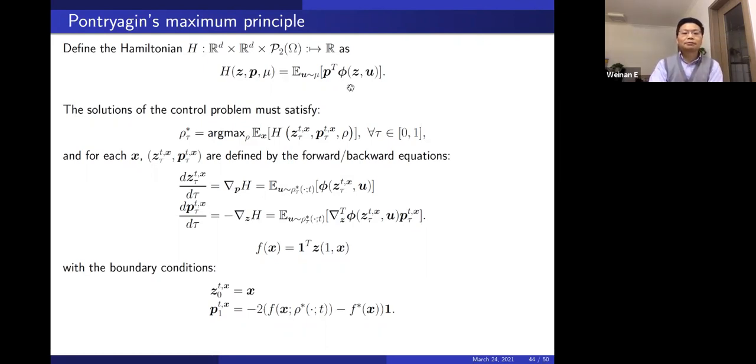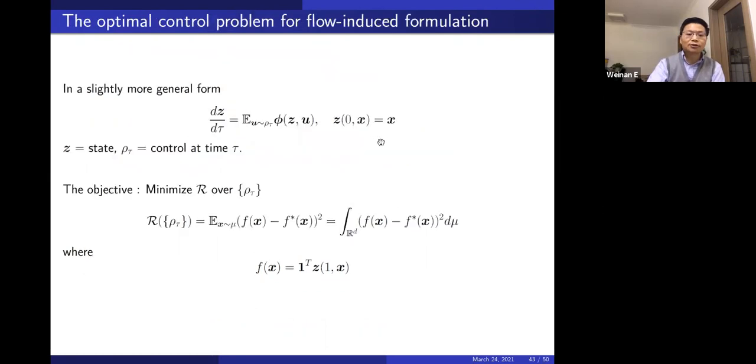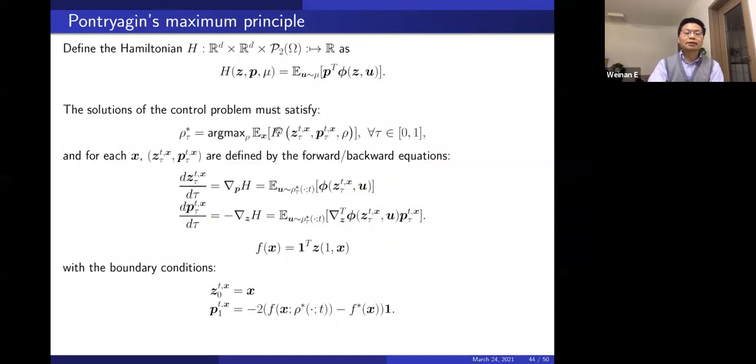Then the maximum principle says that the optimizer has to be the argmax of the expected Hamiltonian for each pseudo time tau. So for each pseudo time tau here, this has to be true. And then the states and co-states satisfy the forward and backward equations, a Hamiltonian system with initial and terminal conditions. So this is the standard maximum principle.